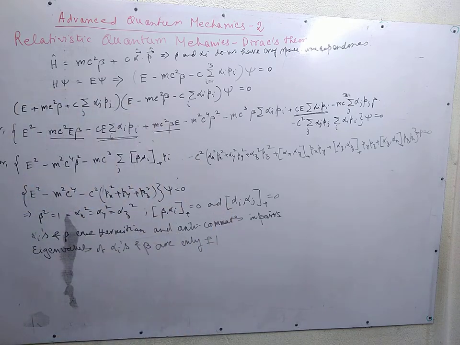This is from the fact that their squares are an identity operator. This 1 means the identity operator. So since their squares are equal to the identity operator, their eigenvalues can have only plus minus 1 values.